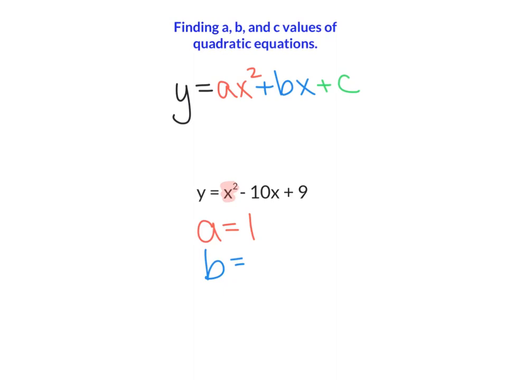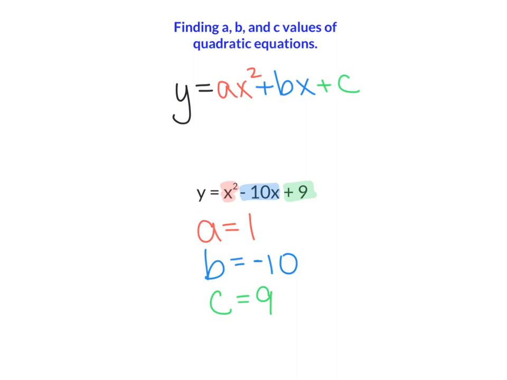I'm looking for the number that's the coefficient to the variable x, or the number that's in front of x, and I'm going to take the sign that goes with it. So since it's minus 10x, we're going to say b is negative 10. Then the last thing I'm going to look at is my c, which is my constant. My c is going to be the value that does not have a variable with it, and in this equation my c value is going to be 9.